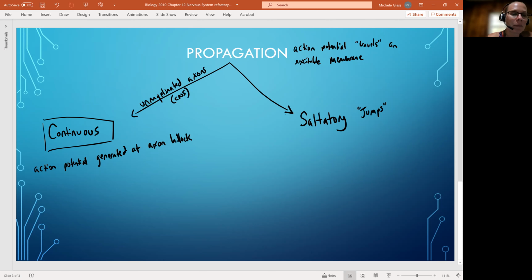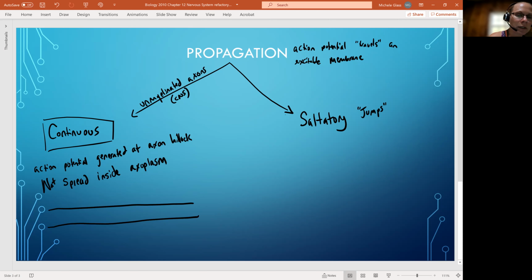And the key thing that we see happening then is that the sodium is going to spread inside the axoplasm. Axoplasm, remember, is the cytoplasm of the axon. So the idea here is, if I'm drawing kind of like a tube to represent my axon, I have sodium coming in from those chemically gated sodium channels initially, or then those voltage gated sodium channels.